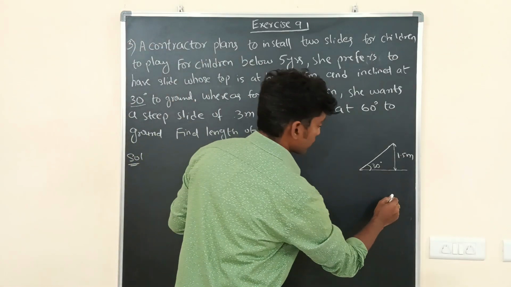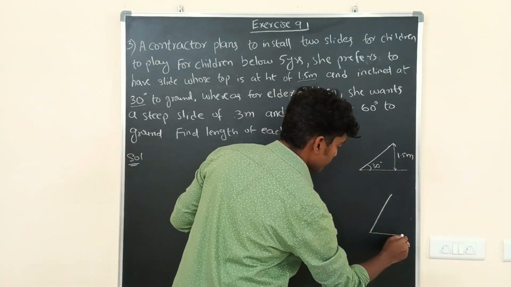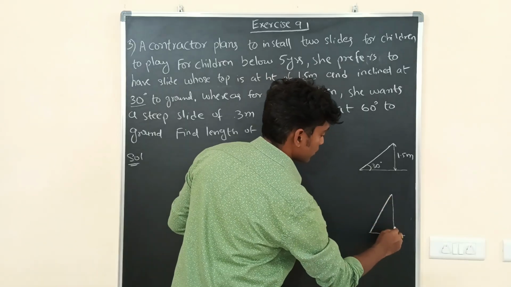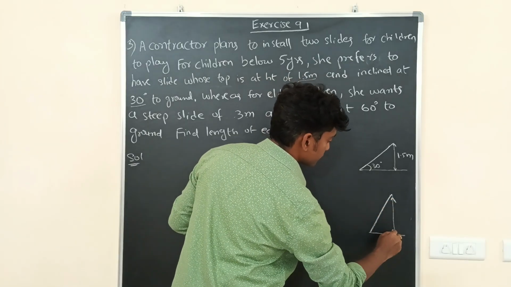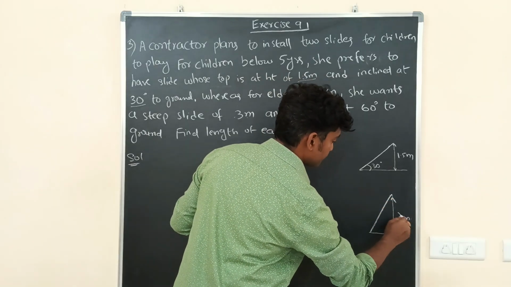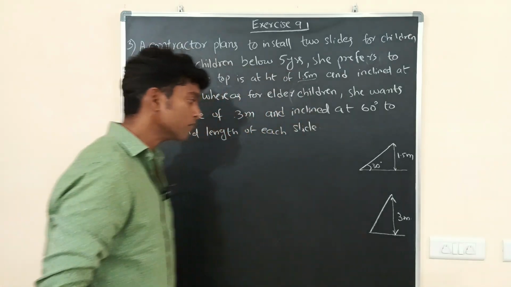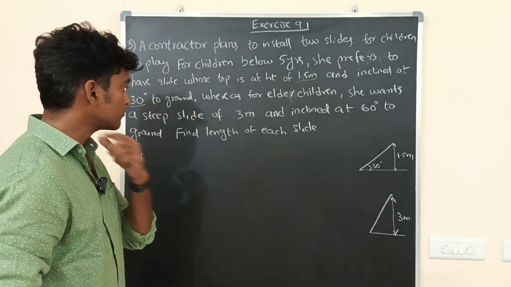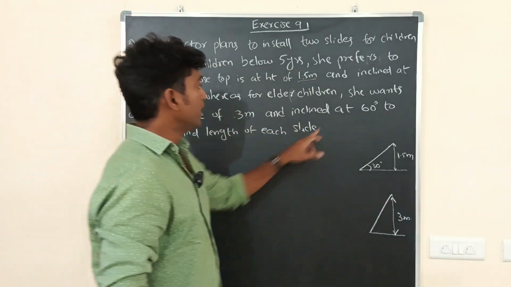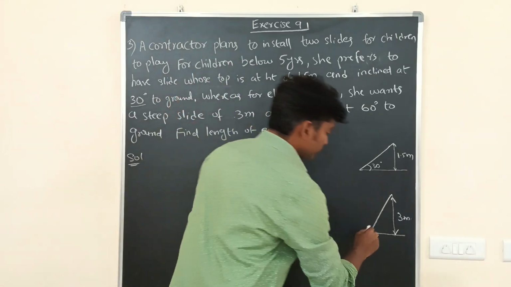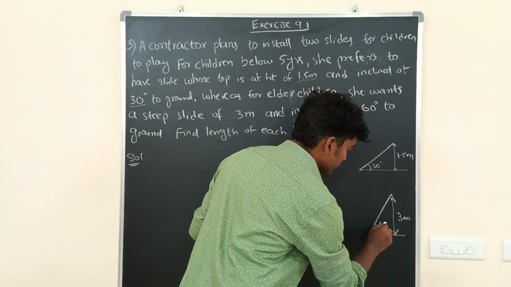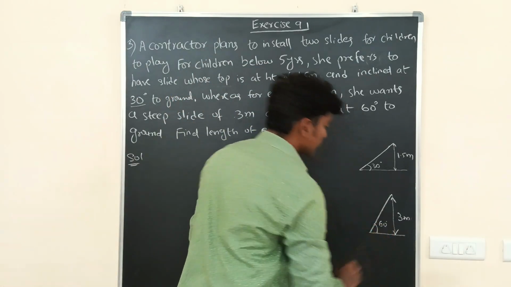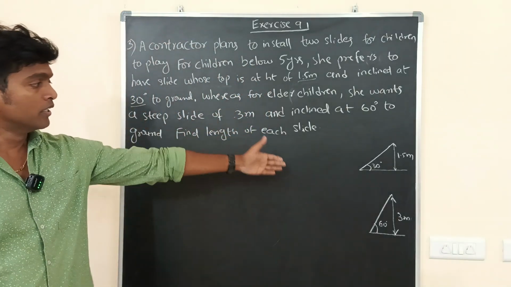Same thing here, this is the ground and this one is 3 meters, and it is inclined at 60 degrees. Clear now? These two are the diagrams.